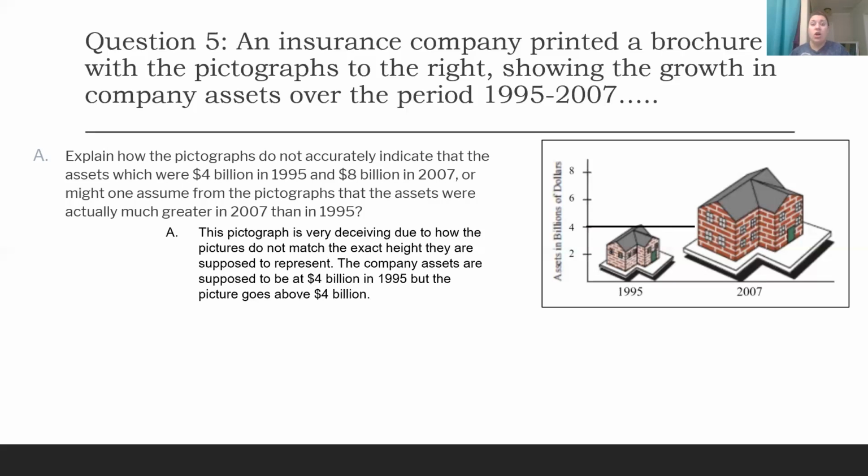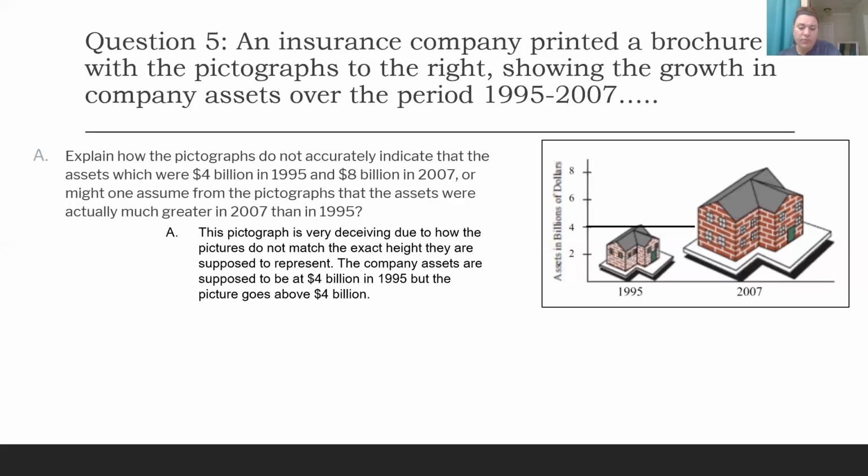If this was on a math test without multiple choice, you would say that this is about 4 billion because that's what it looks like, but really it's over the line. And it's supposed to be at 4 billion, so that's what makes this deceiving.